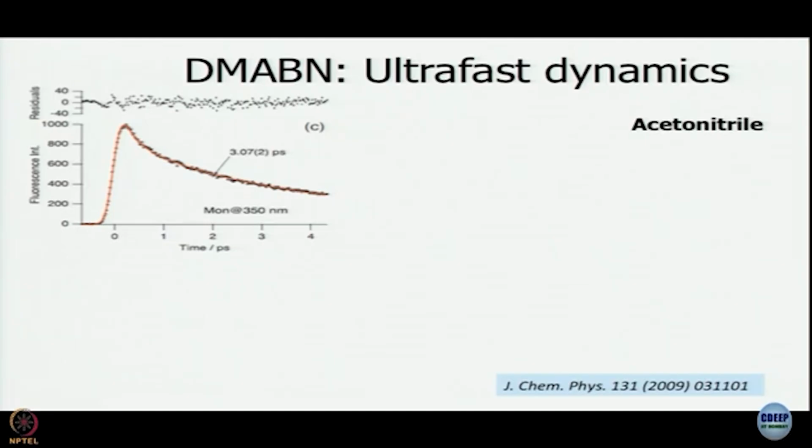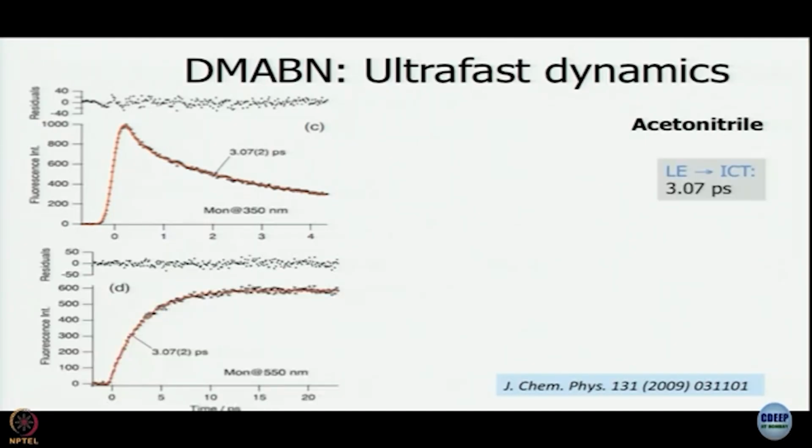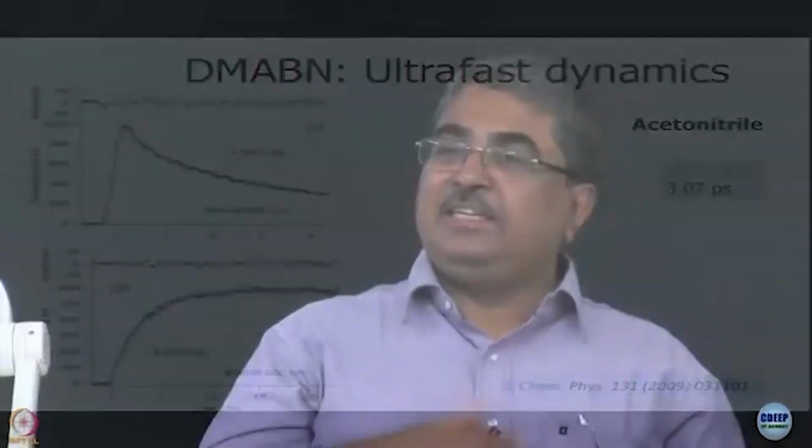And when this trace is recorded in the red end of the spectrum, you get a rise associated with 3.07 picosecond. So, this tells that 3.07 picosecond is the time associated with the charge transfer, locally excited state to charge transfer state transformation.